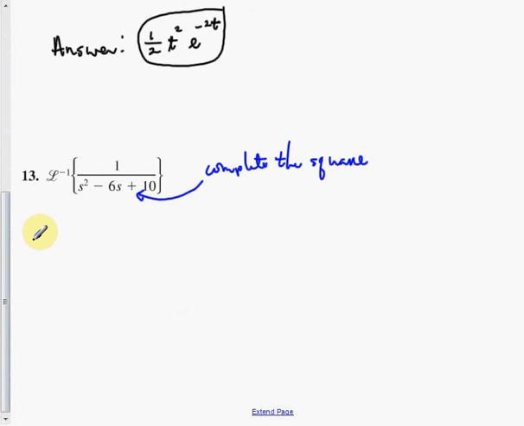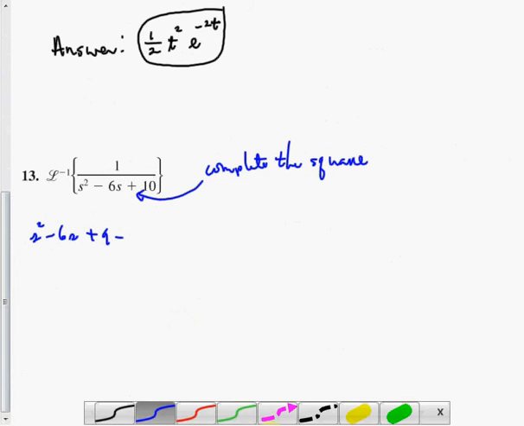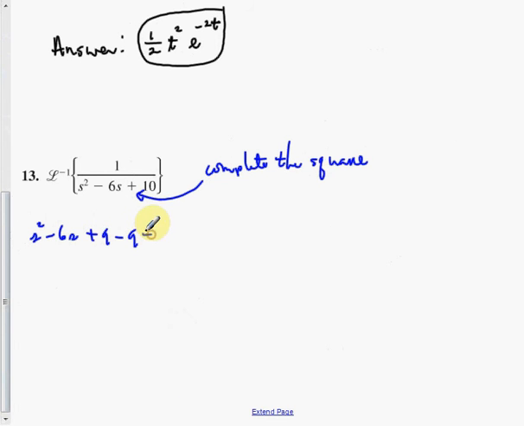And so this s squared minus 6s, I take half of the negative 6, which gives me negative 3. You square that, you get 9. So we're going to add 9. Since this is not an equation, I don't have the other side, so I'm going to add 9 and subtract 9 right there. And then I have the plus 10.